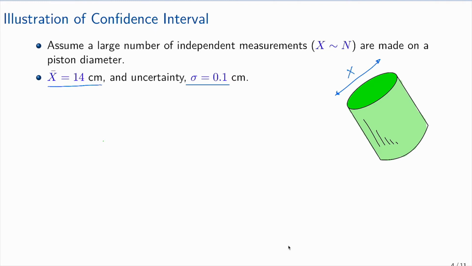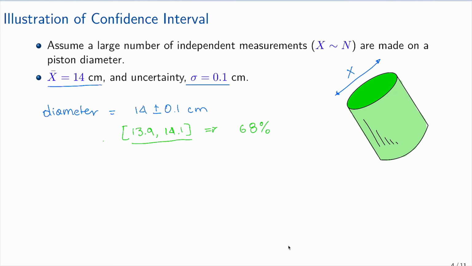So we can describe that the diameter is equal to 14 plus or minus 0.1 centimeters. This gives us a range of 13.9 to 14.1, and because this is plus or minus 1 standard deviation, we can conclude that we are 68% confident that the true value is between this interval.